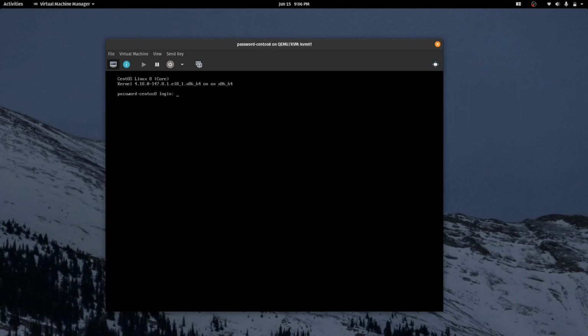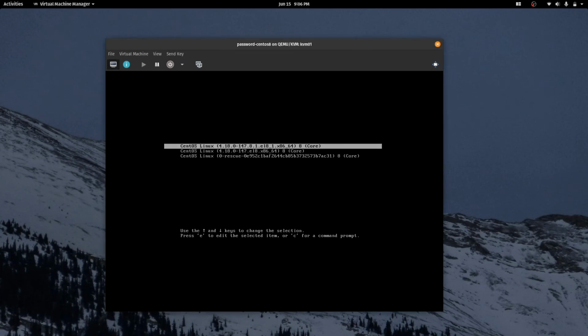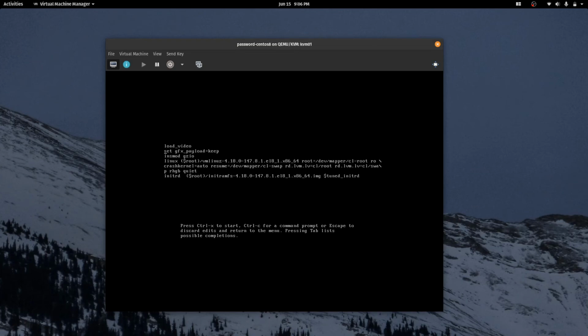So I think what Alex meant for this is having that rd.break space enforcing equals a number. So let's do this one more time. This is what I saw others talking about online as well, and it makes sense, because rd.break would be the command, and then enforcing would be another parameter.